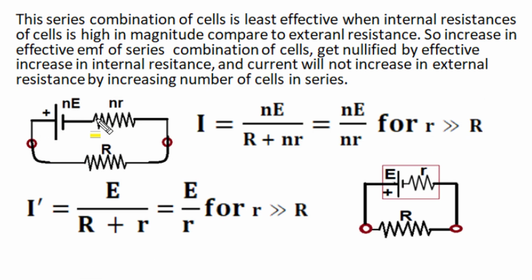This series combination of n number of cells is least effective if the internal resistance of the cell is much more than the external resistance, and in that case both EMF and internal resistance become n-fold, and since internal resistance is much more than external resistance, in this sum if we neglect external resistance we'll get that the current of the n series connected cell combination is E by r, as n gets cancelled out, and this current is the same as the current produced by a single individual cell.